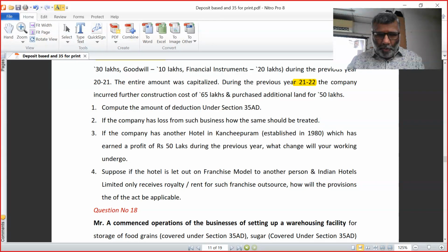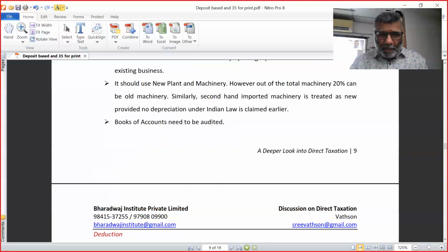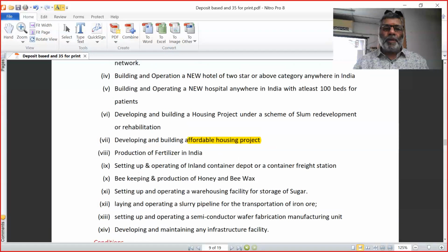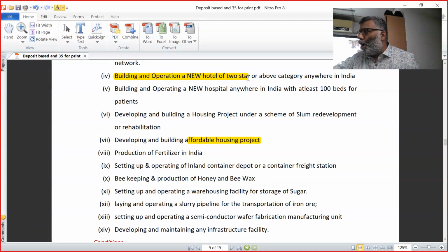So now I will take you to the conditionalities once. Building and operating a new 2-star hotel. Building and operating a hotel of 2-star or above category. Here I have built, I am not operating, I have given it to him to operate and he is paying me rent or royalty for that.